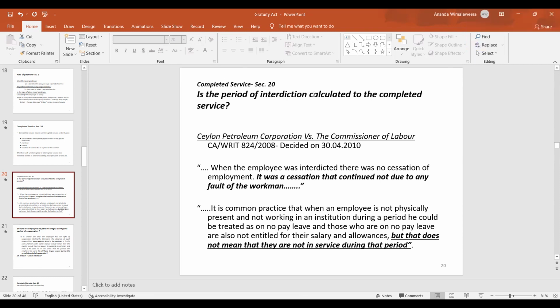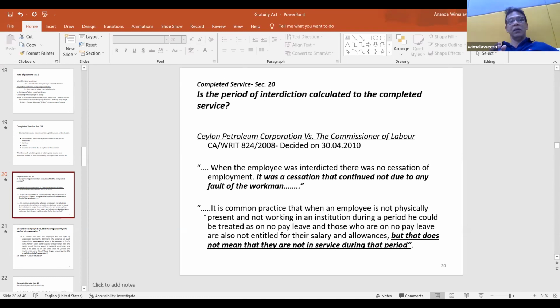Right. Topic. Write this down. Completed service, subtopic: write it as the question. Is the period of interdiction calculated to the completed service?